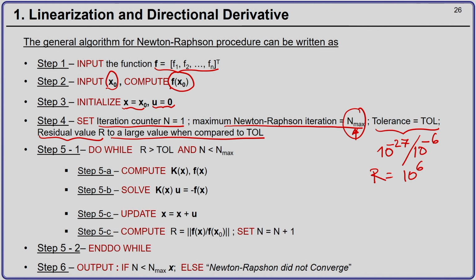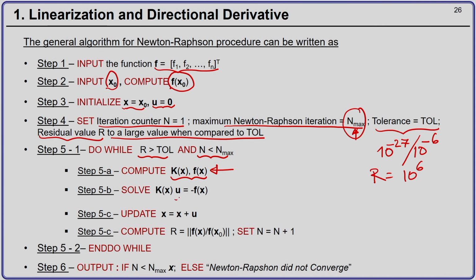Now, you start a while loop, and you see whether your value of r is more than tolerance and the number of Newton-Raphson iterations is less than the maximum number of Newton-Raphson iterations. If both the criteria are met, then what you do? You compute your tangent matrix and the system of nonlinear algebraic equations at this point, at x.